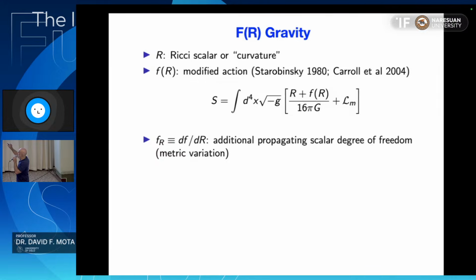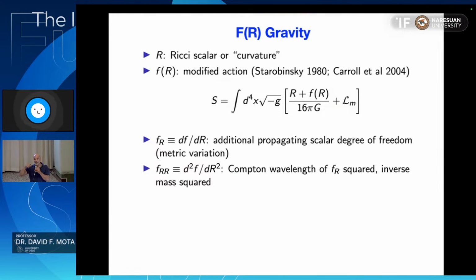In fact, you will see that this series of f(R) theories are conformally equivalent to the scalar-tensor theories that I've been talking about, like a scalar field coupled to the matter fields. And the scalar field equivalent in the f(R) theory, basically the scalar degree of freedom, is this first derivative here, df/dR. That's the extra degree of freedom that exists in this theory. Okay? You will see that.